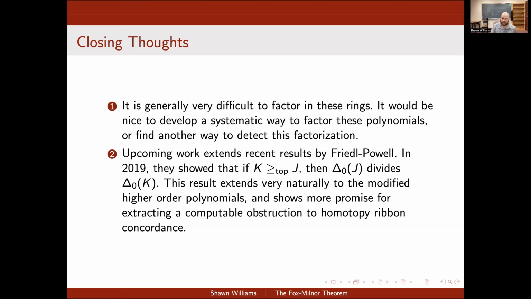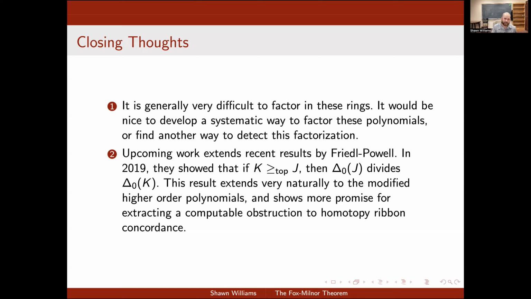If this is unfeasible or intractable or some other word that means you can't do it, I would like to find another way to detect this factorization, or another invariant that is easier to compute, that also detects this factorization.